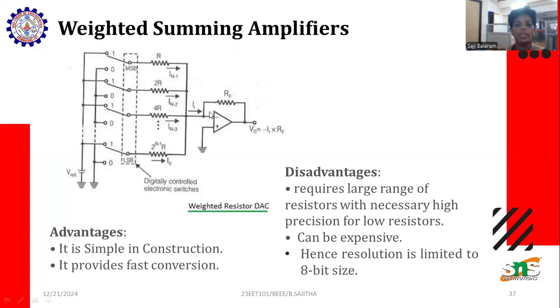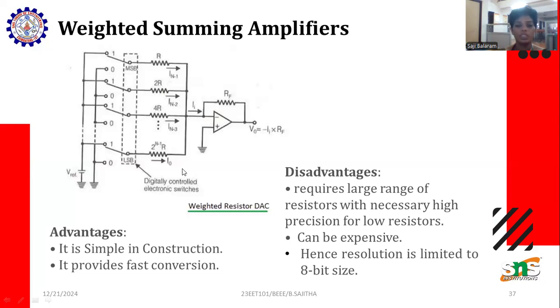So here, the input is given to the inverting side of the amplifier, and the current flowing here altogether is given as IN. And the resistance RF is nothing but the feedback resistance, which is connected to the output terminal. So here we can say that the weighted summing amplifier varies with respect to the resistance and its value, which is connected in powers of 2.